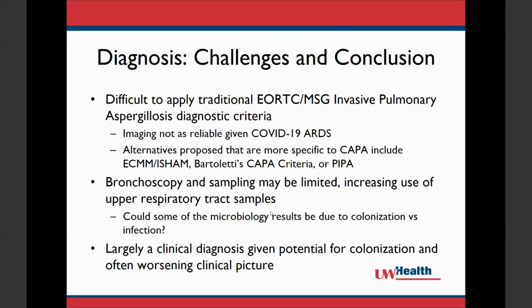And lastly, I think probably the biggest thing is that we have to look at the patient clinically to determine if CAPA could be a potential diagnosis. Looking at them clinically can also help us assess, is this culture result or galactomannan result a result of colonization, or is this a result of worsening clinical status and potential invasive infection?